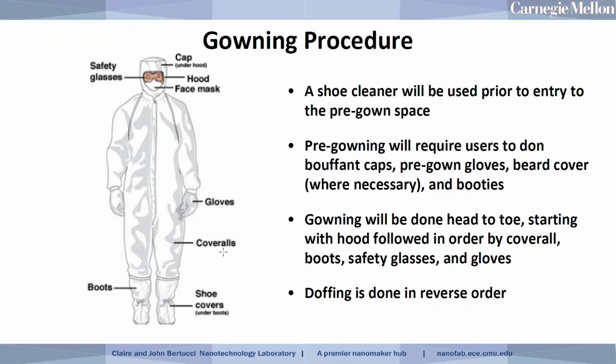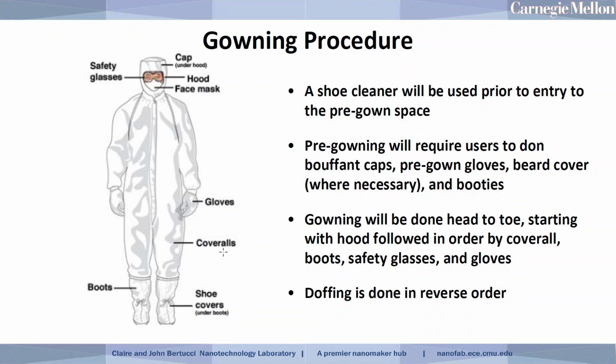Finally, before you enter the lab, you will always be wearing a pair of safety glasses, regardless of if you have corrective lenses. And then we will put on a pair of nitrile gloves, typically over top of the pre-gown gloves. Nitrile gloves are very clean and offer a little bit of chemical resistance as well.